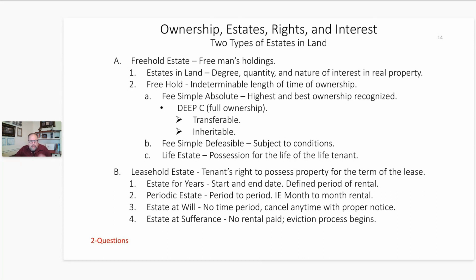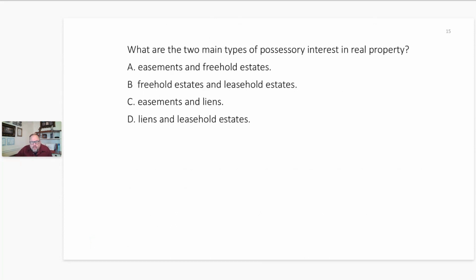So you got two questions. Let's go through them. What are the two main types of possessory interest in real property? What do you think? Remember, we talked about the term estate. Two characteristics. You're looking for two.